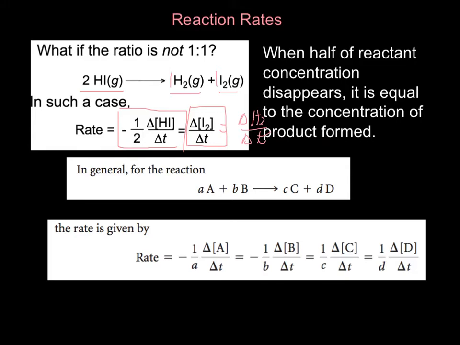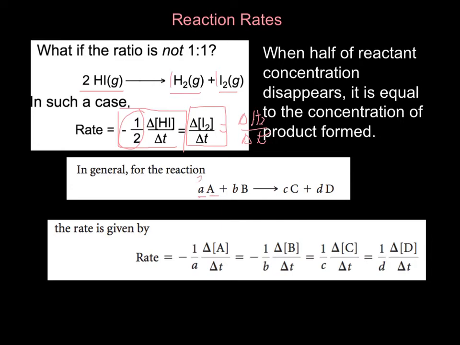Now, in general, how did I figure out this negative 1/2 here? Let's talk about that. In general, for any reaction, let's think of lowercase a being my coefficient, and uppercase A being my substance. In this case, HI.